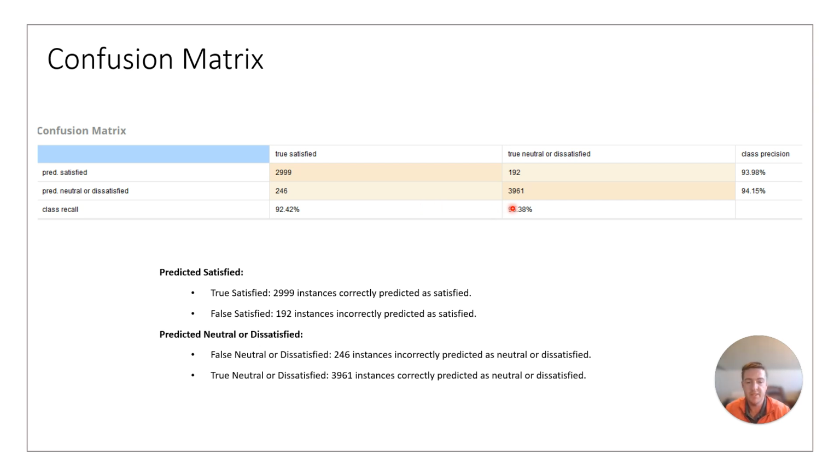However, there were 3,961 instances correctly predicted as neutral or dissatisfied, for an overall precision of 94% on predicting dissatisfied cases. Overall, the model demonstrates strong predictive performance, being able to correctly predict both satisfied customers and dissatisfied customers.